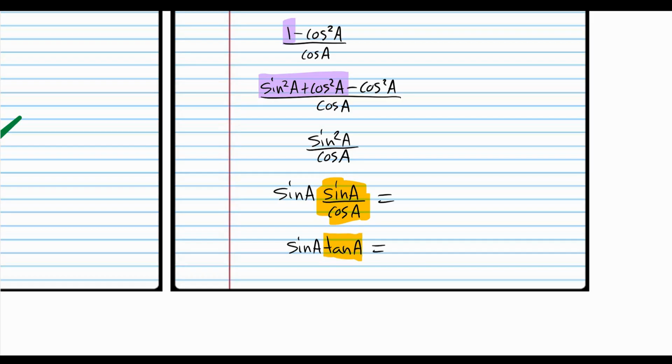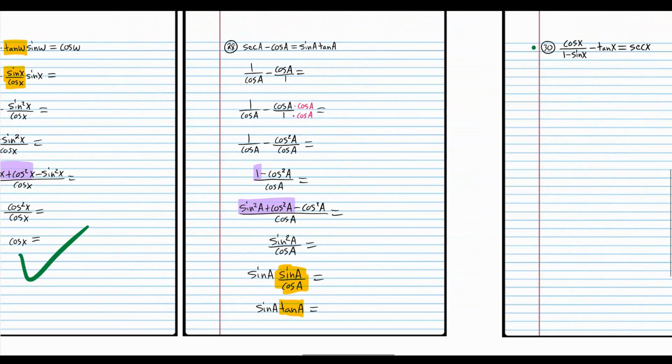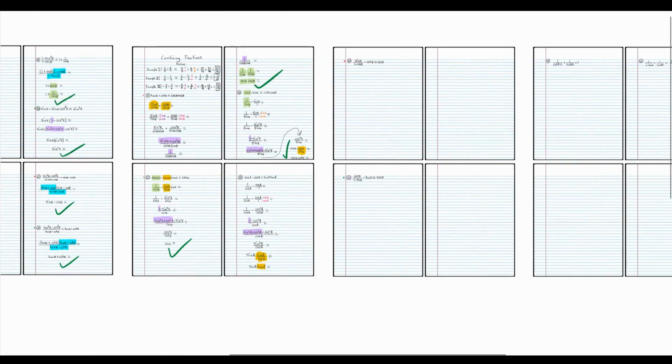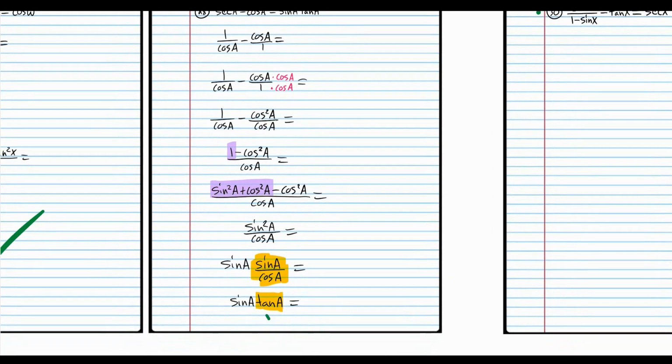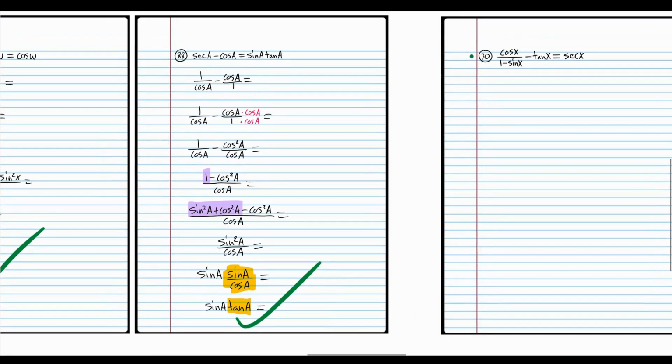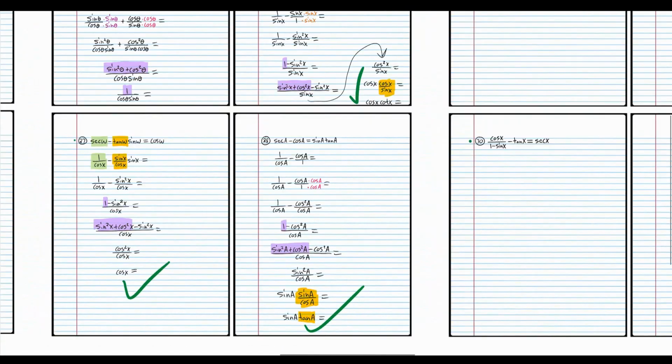So we're done. So if you look up at the right, we're trying to prove that the left side is equal to sine A times tangent A. We did that. So we can put a big check. If you got that right, excellent.